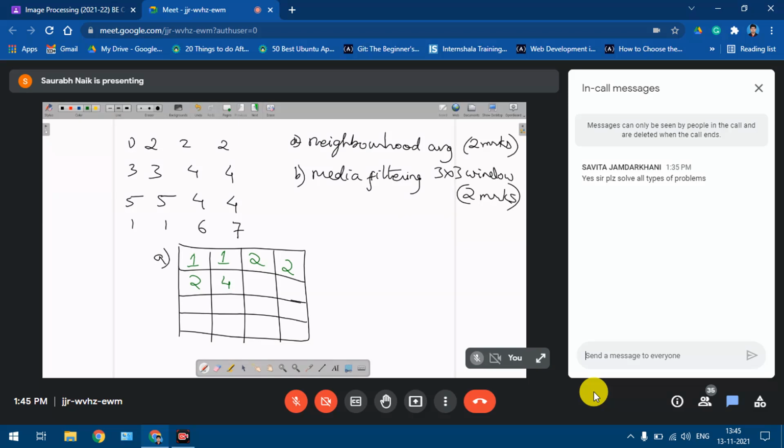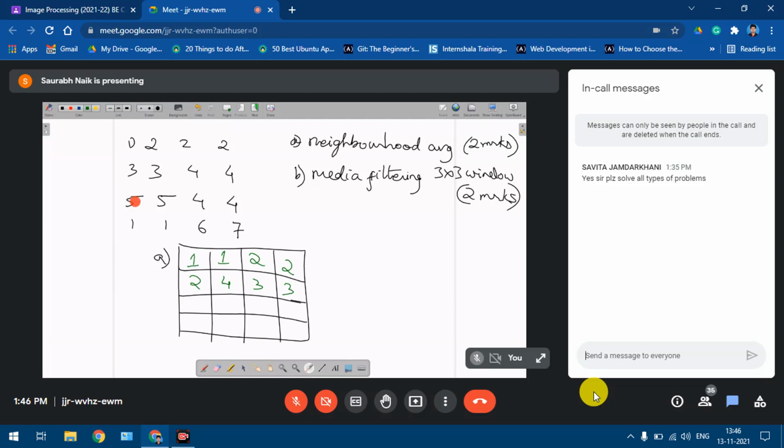Then the next pixel, neighbors will be 2 plus 3 is 5 plus 4 is 9 plus 3 is 13. That's 3.2, so round it to 3. Then here neighbors are this 4 and this 2. That's 10 divided by 4, that's 2.5, so rounding to 3.